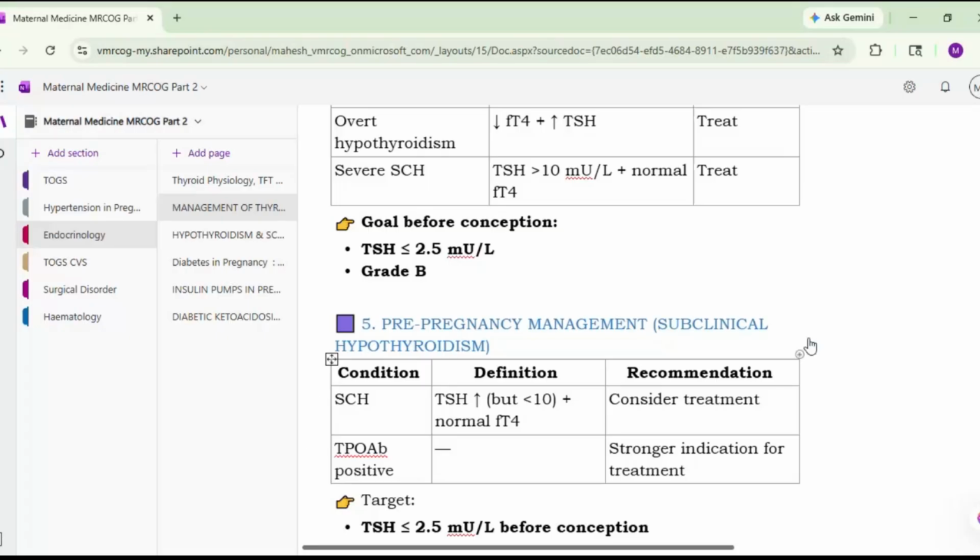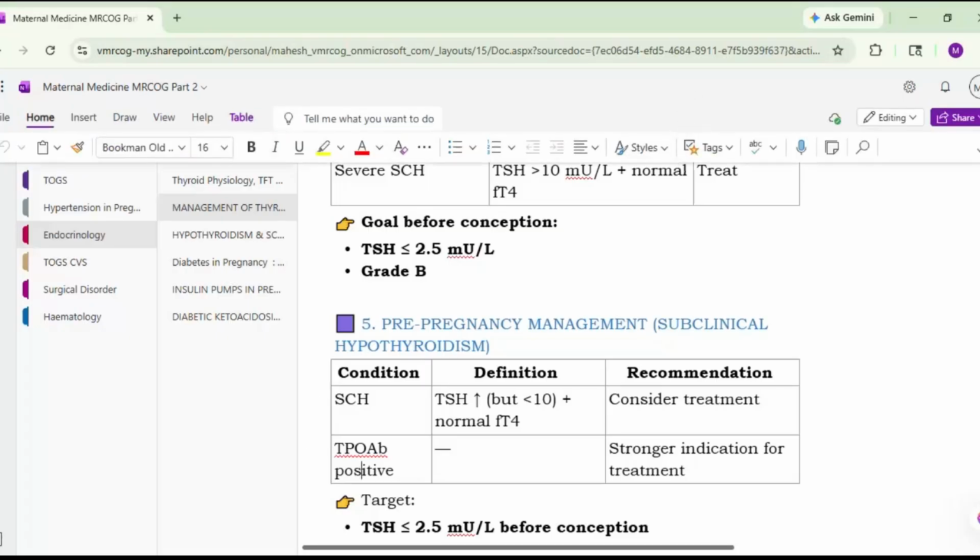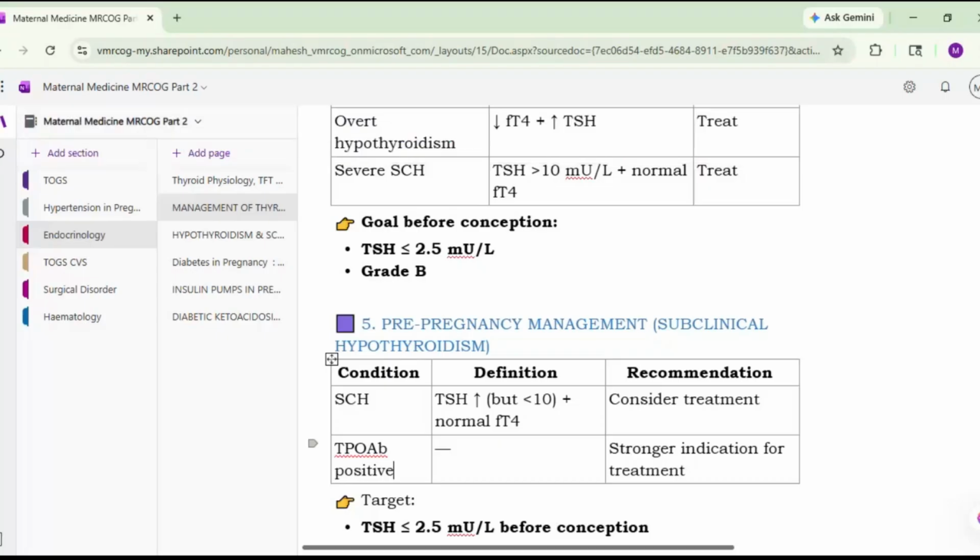So the guideline says you definitely treat if it is more than 10. You consider the treatment if it is less than 10 but more than the specific range, but FT4 is normal, that is just subclinical hypothyroidism. But if it is TPO antibody positive, you consider it with a stronger indication. Is this clear? Yes, sir.